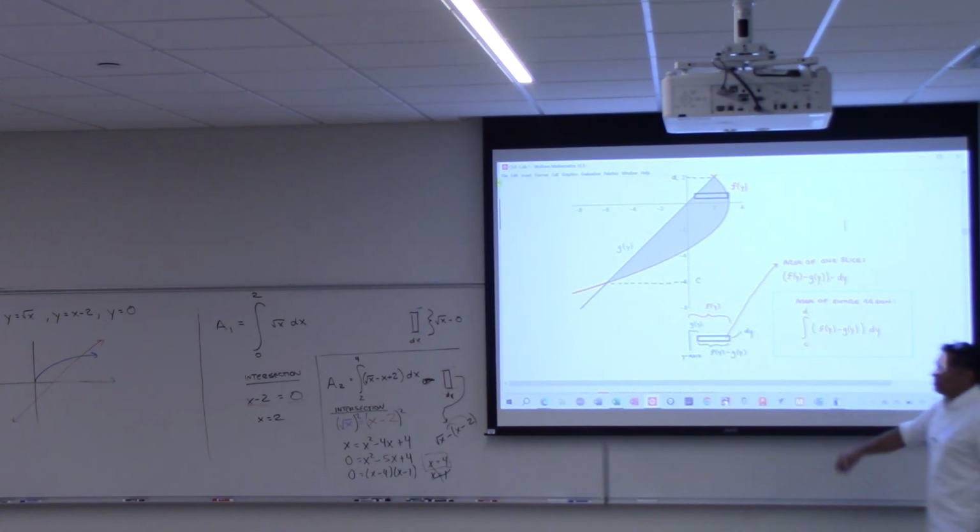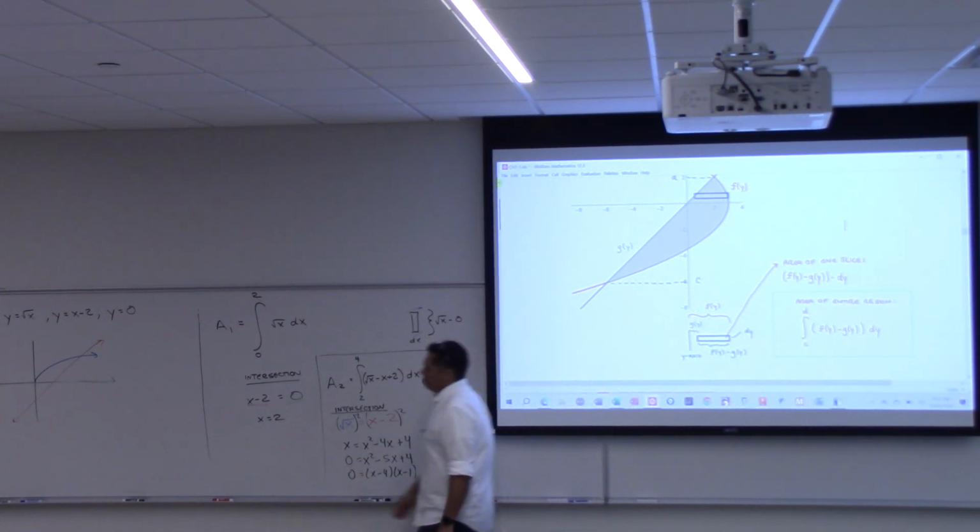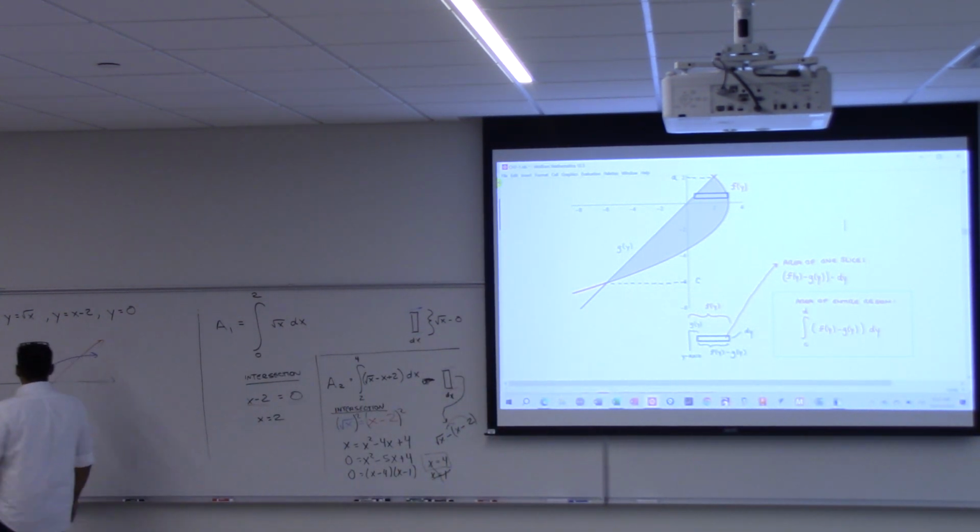So when you look at this, would there be an advantage to us if we rotated our heads and did that rectangle the other way? Like if we did a rectangle this way instead, is there any advantage over what we just did? What is it? You don't have to split it, right?